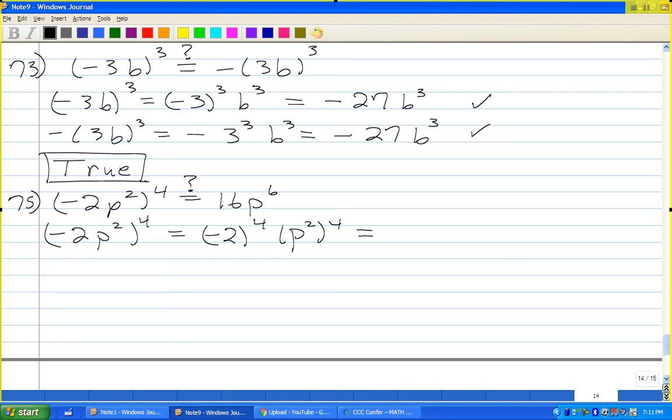Negative 2 to the 4th: negative 2 times negative 2 is positive 4, times negative 2 is negative 8, times negative 2 is positive 16. I have a base to an exponent raised to an exponent, so I keep the base p and multiply exponents. 2 times 4 is 8. This is not the same as 16p to the 6th. Therefore, this statement is false.